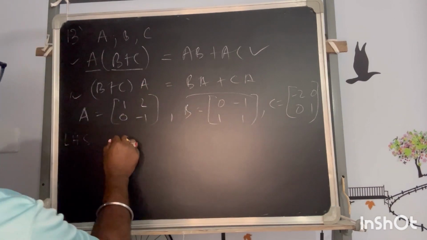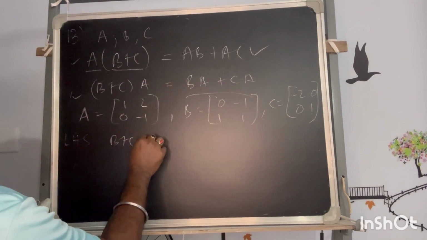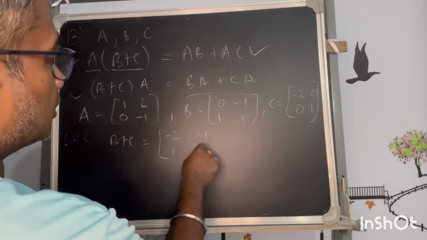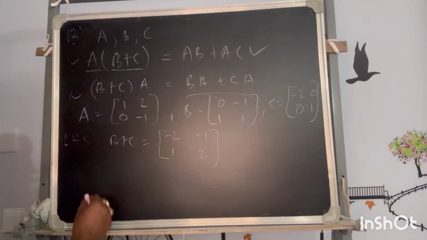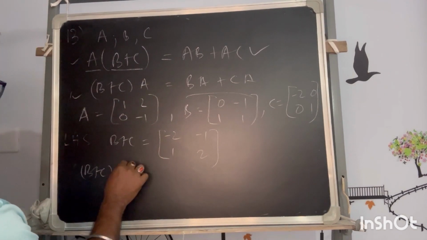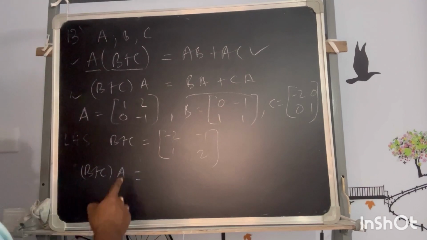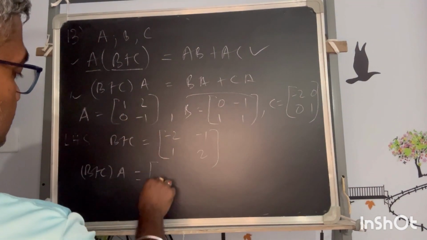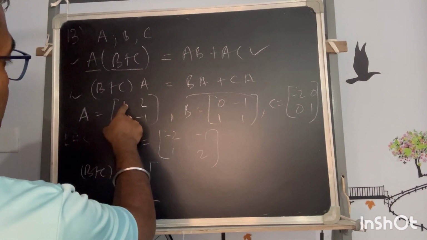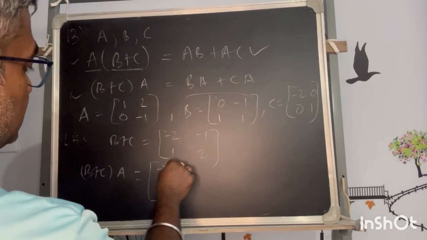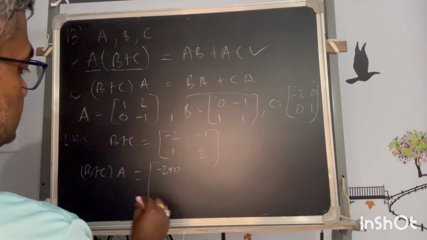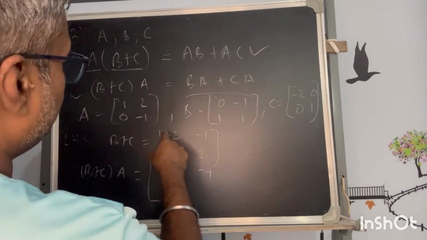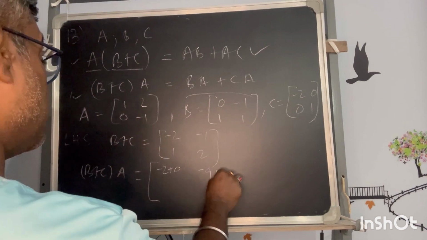So B plus C, the matrix we get is [-2, -1; 1, 2]. And if we multiply it with matrix A, then this has to be multiplied with this. So the matrix will become -2 into 1 is -2 plus 0, -1 into 0 is 0, -2 into -2 is -4... the first row is -4, 1 - 1 into -1 plus 1.